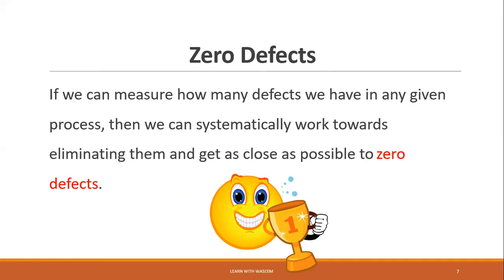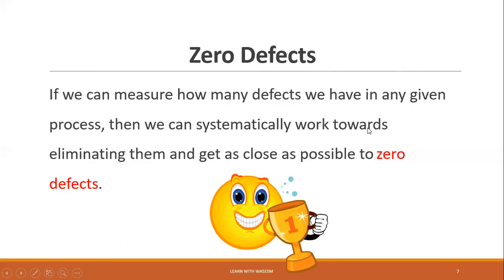I won't say it is impossible, but it is very difficult to achieve a level of zero defects. But that's why Six Sigma represents not zero defects per million parts, but 3.4 defects per million parts or items.